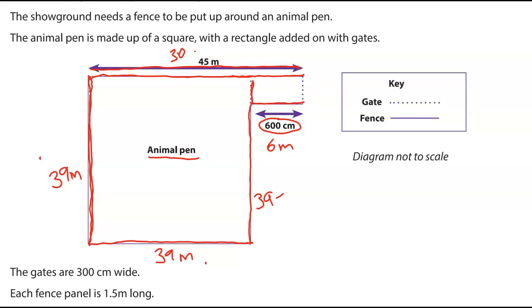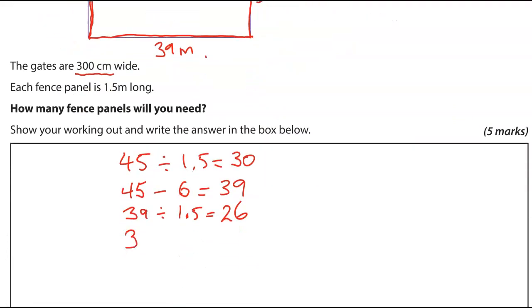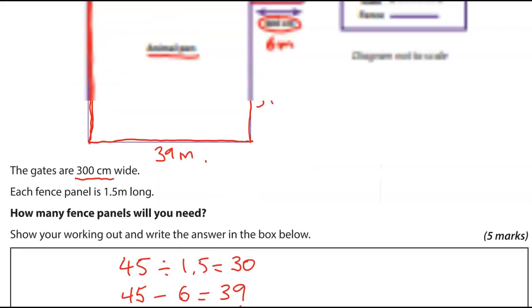So we're told that the gates are 300 centimeters wide. Again, 100 centimeters make 1 meter, so this is 3 meters. So 39 take away 3 gives us 36 meters. So 36 divided by 1.5 gives us 24.